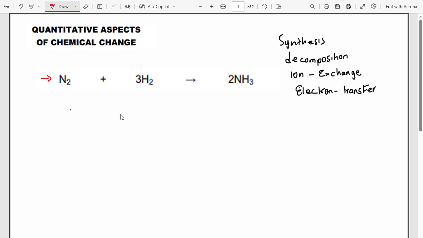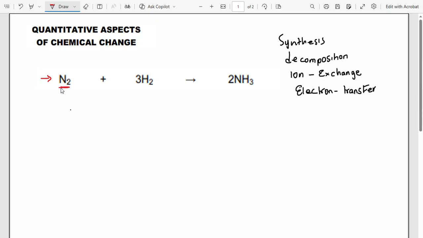Let me explain what we mean by that. If it does not apply, we have to balance the equation so that the number of reactant atoms and the number of product atoms are equal. So let's quickly work on this one.